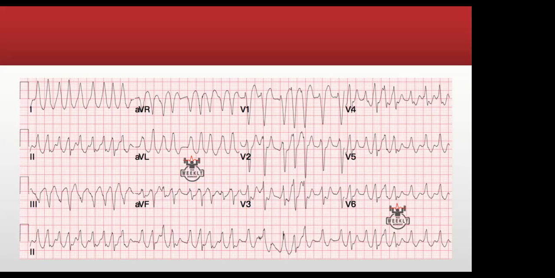I'm looking for what they call them now, capture beats or fusion beats. Not sure. Yeah, tell me. R wave in AVR. Say that again. R wave in AVR. So explain further for me, please. Okay, looking at AVR, the deflections there are upright, as in it's an R wave.